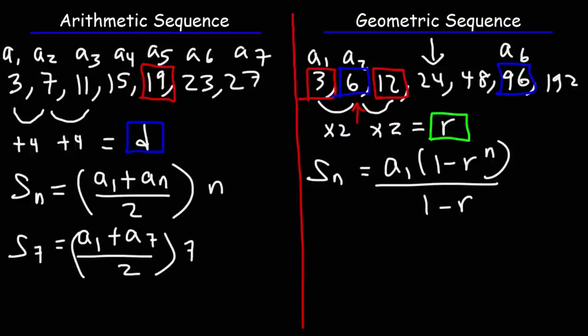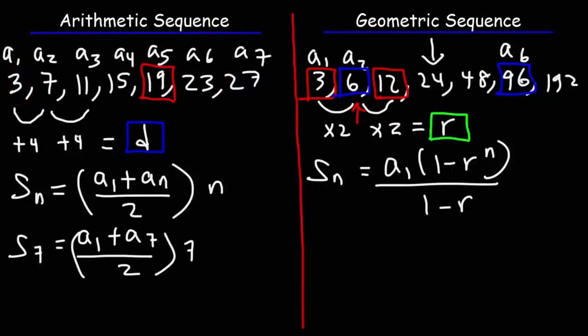So basically, to find the sum of an arithmetic sequence, you're taking the average of the first and the last term in that sequence and then multiplying it by the number of terms. Because this is basically the average of 3 and 27. And we know the average, or the arithmetic mean, of 3 and 27 is going to be the middle number, 15.